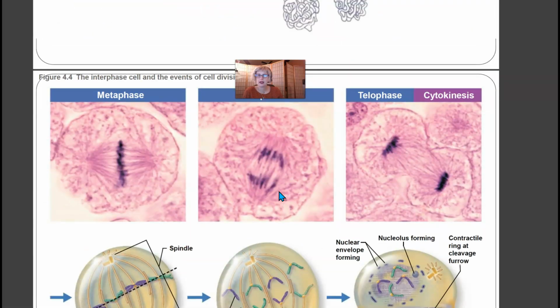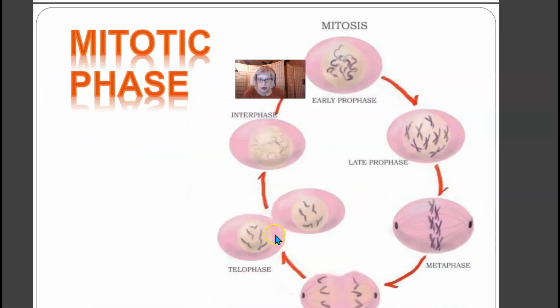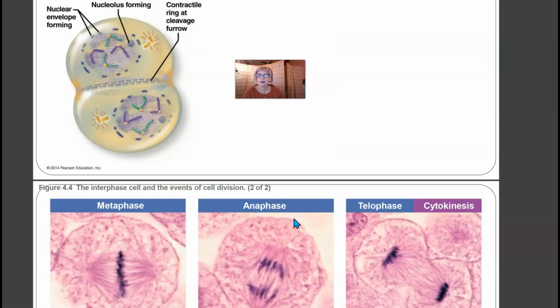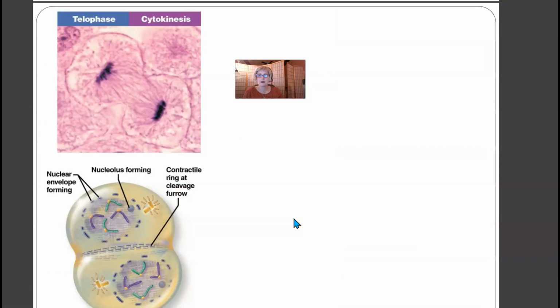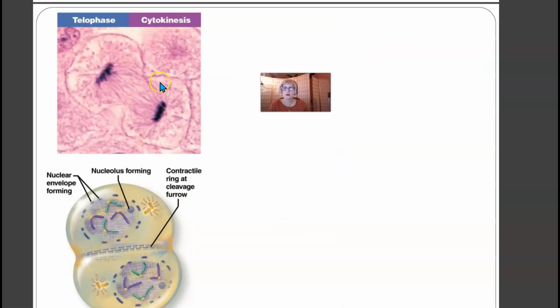Okay, so once the cell completely breaks apart into two equal daughter cells, then it's cytokinesis. I know I have a slide on it somewhere. Okay, so to review again, telophase is where the cell pinches in, and that's called the cleavage furrow.